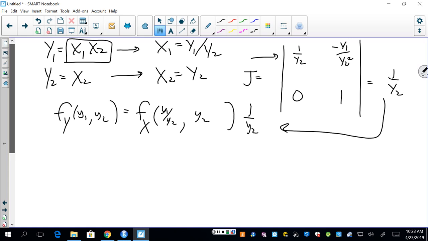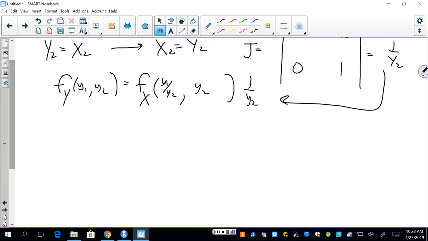I'm distorting space by, that's getting too much into the geometry of the math for this. So what does this work out to be? Our joint density of these two things, if they're independent, is the first one evaluated at this, and then the second one evaluated at this one, and there's the extra piece over here.